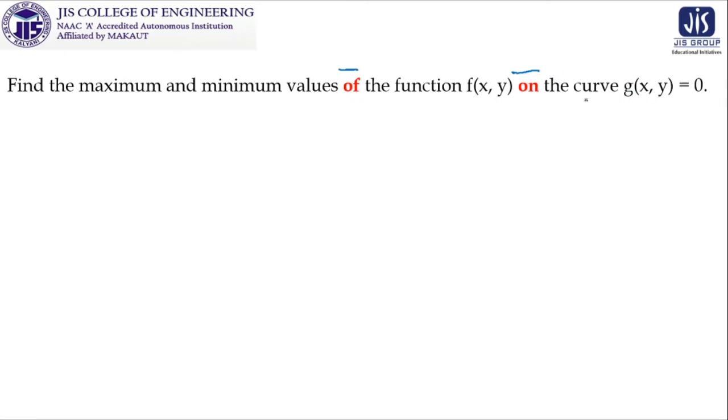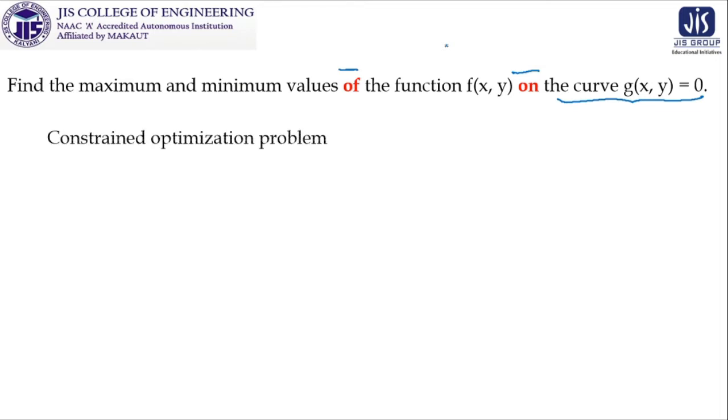That means this is your constraint, because you are not freely finding the maximum or minimum value of the function f(x,y). If you are asked to find it freely, you are in an unconstrained situation. But here you are asked to find the value where the curve g(x,y) is equal to 0. So this is the concept of a constrained situation.